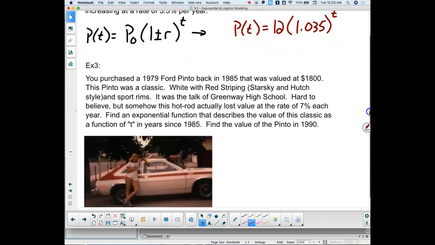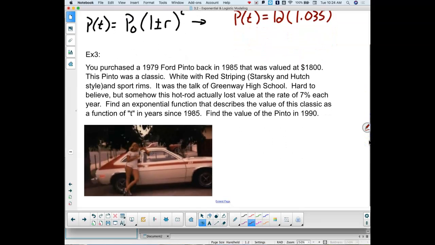So, way back in 1985, you were an aspiring mathematics teacher at Wausau West High School living in Duluth, Minnesota. You purchased a 1979 Ford Pinto back in 1985, valued at $1,800.